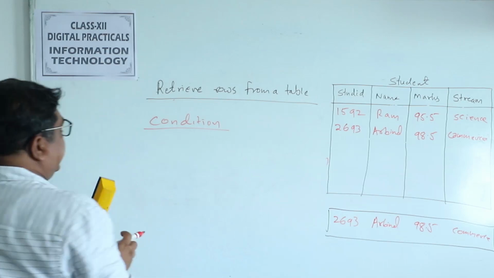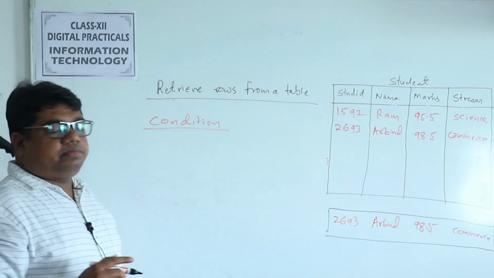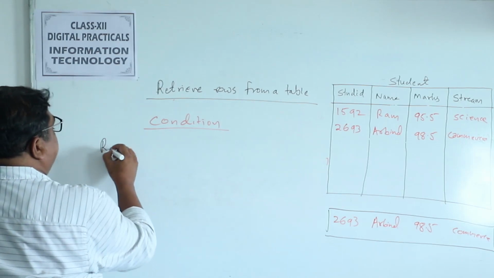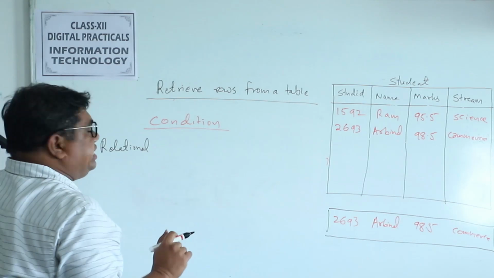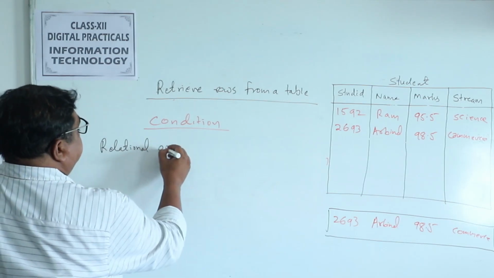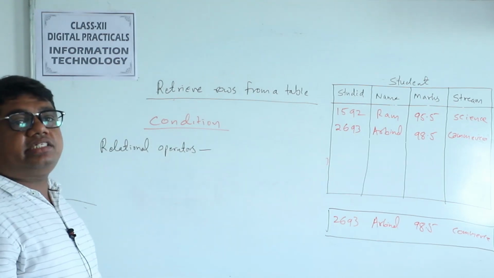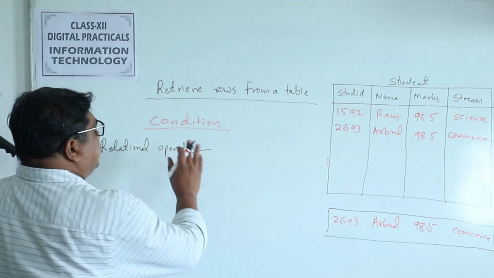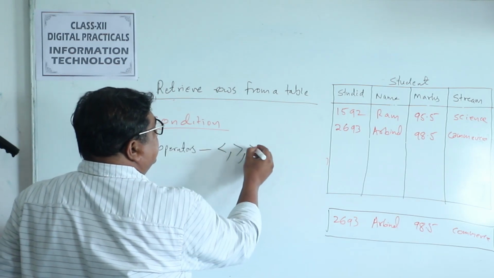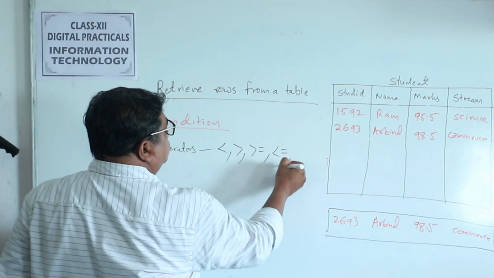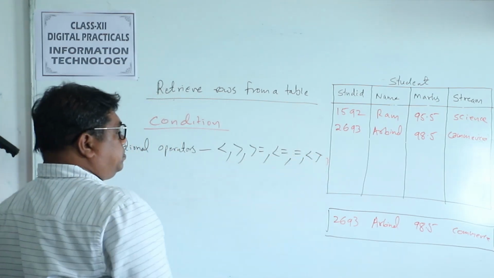Conditions are written using relational operators. You might have studied in Java that we use operators to write conditions, so relational operators. And what are the relational operators in SQL? We use less than, greater than, equal to, less than or equal to, and not equal to.